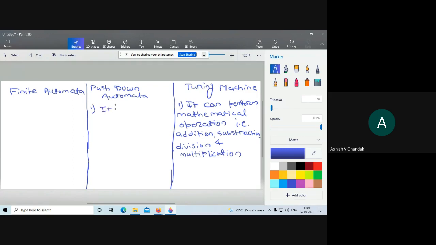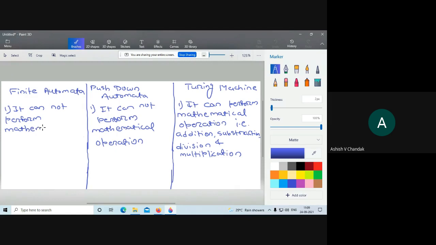Finite automata cannot perform mathematical operations, and again pushdown automata cannot perform mathematical operations. Okay, this is the difference.